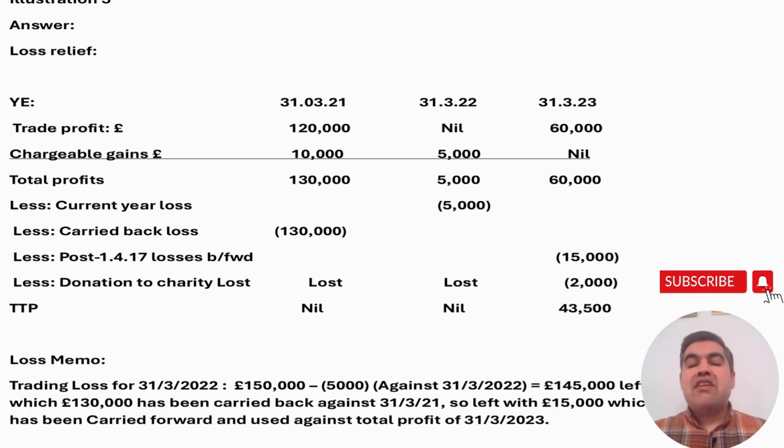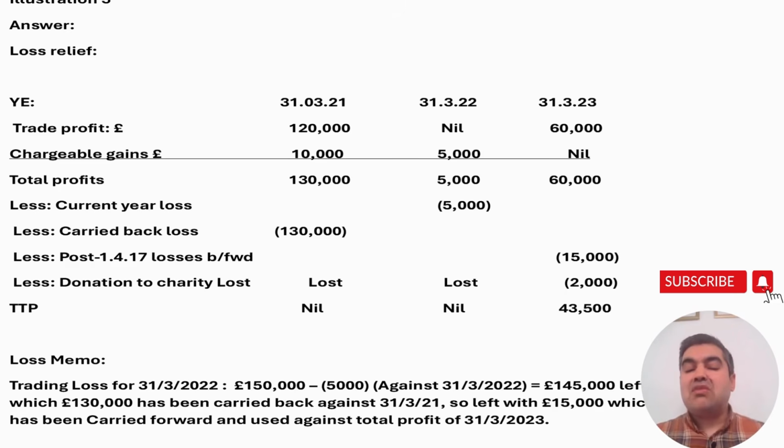Then we are still left with 15,000, which is carried forward and will be used against the total taxable profit of the accounting period ended 31st March 2023. In this case, the total taxable profit of 31st March 2023 is 60,000, reduced by 15,000 worth of losses. And because we still have 45,000 worth of income, it will be subject to corporation tax.